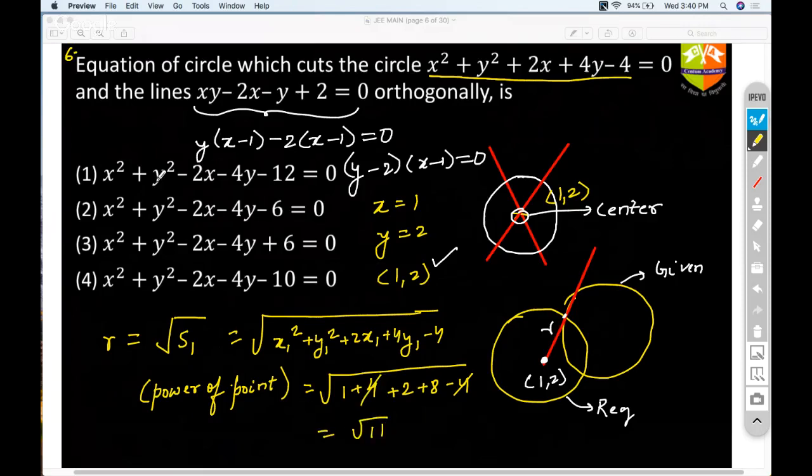Okay, so whichever of these circles has a radius root of 11, that would be your desired circle. So if you see the second option, that is 1 square plus 2 square plus 6, this actually gives you root of 11. So it is satisfied by the second equation and none of the other equations satisfy. So option number 2 becomes the right option.